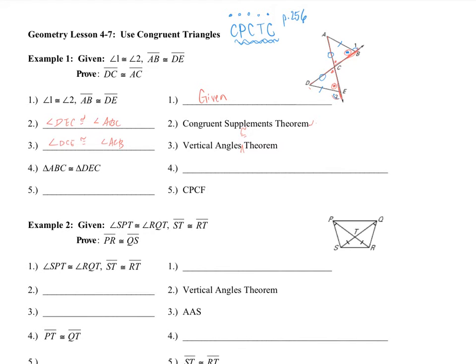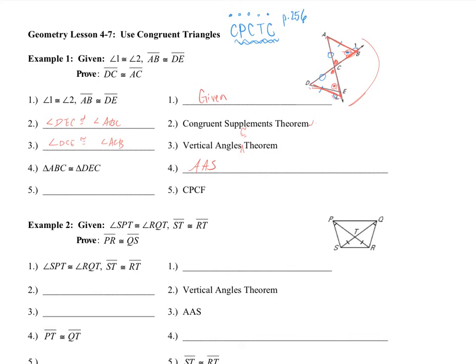And since two corresponding pairs of angles are congruent and a non-included side is also congruent, angle, angle, side, these two triangles are therefore congruent to each other. So I can just use this reason.